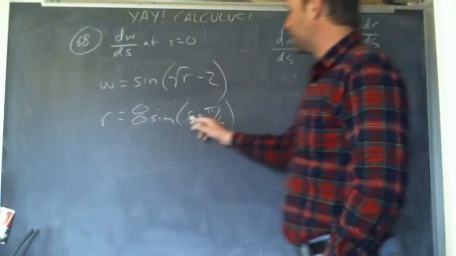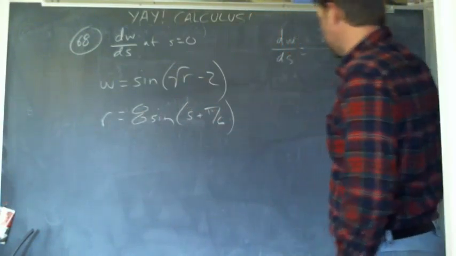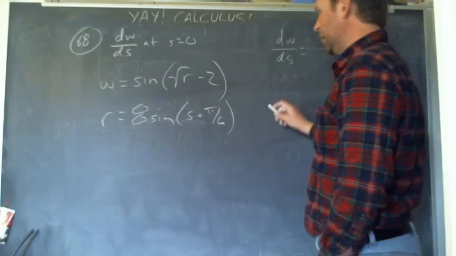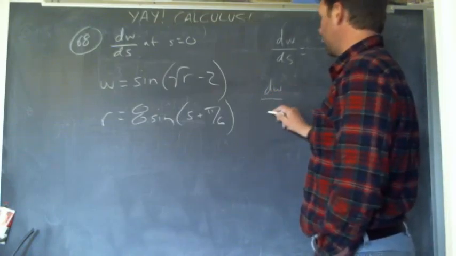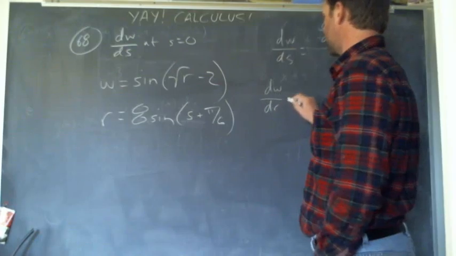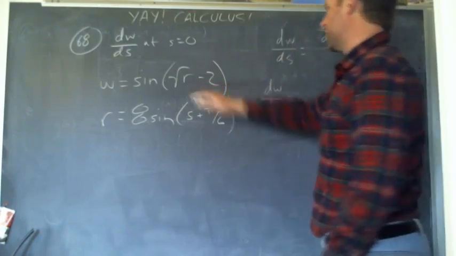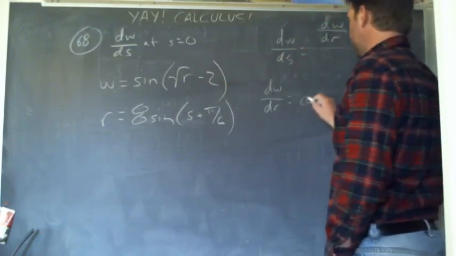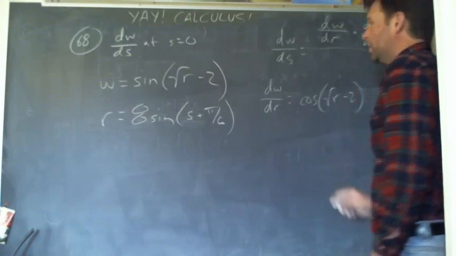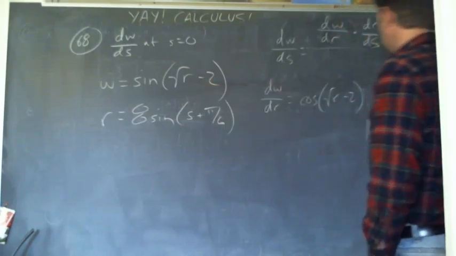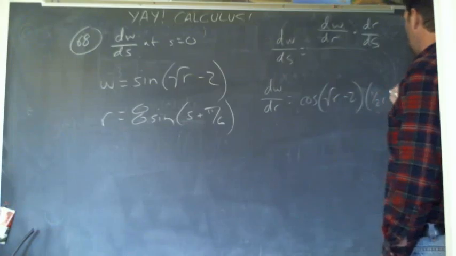If we had s in terms of r, that would be a division. So dw/dr, derivative of w with respect to r, is going to be right here. So that's going to be the cosine of the square root of r minus 2 times the derivative of the inside by chain rule. It would be 1/2 r to the negative 1/2.